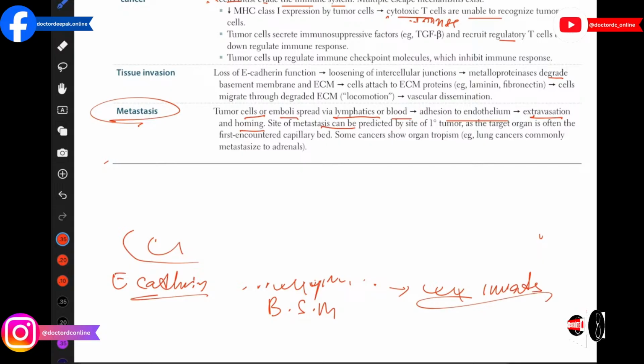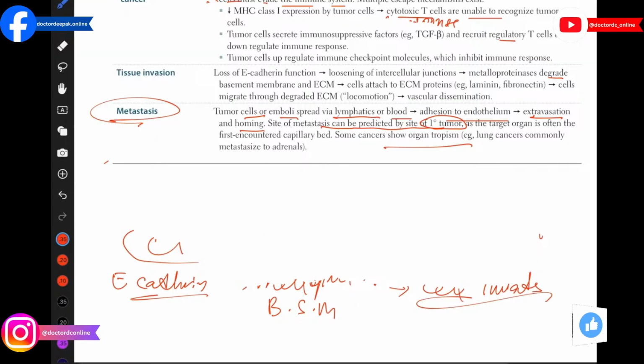The site of metastasis can be predicted by the site of the primary tumor, as the target is often the first encountered capillary bed. Some cancers show organ tropism. Organ tropism means the tendency of the cancer cell to preferentially spread to a specific organ or tissue. This means that not all organs are equally likely to harbor metastatic tumors. Some may be favored over others.